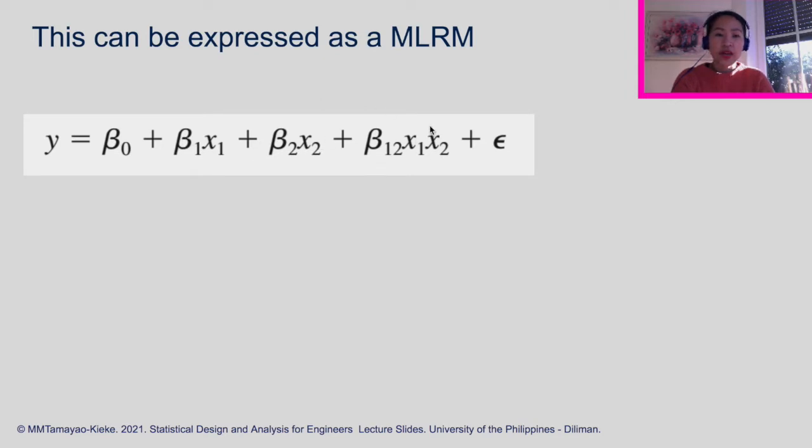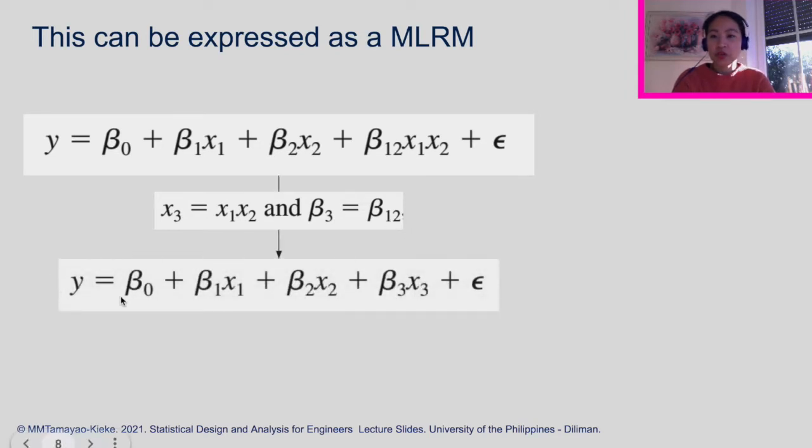We've encountered this regression equation before in one of our factorial design examples, where this term here represents the interaction between say factor A and factor B. Now you can re-express this, where you let x3 equals x1 x2, and beta 3 be equal to beta 1,2, such that you would have this new expression y equals beta naught plus beta 1 x1 plus beta 2 x2 plus beta 3 x3 plus epsilon.